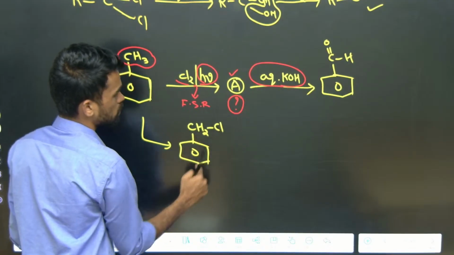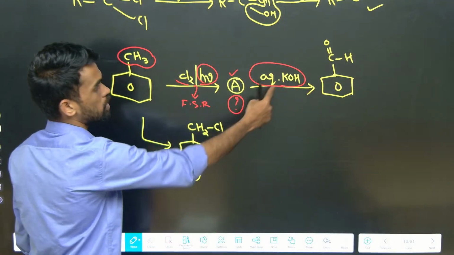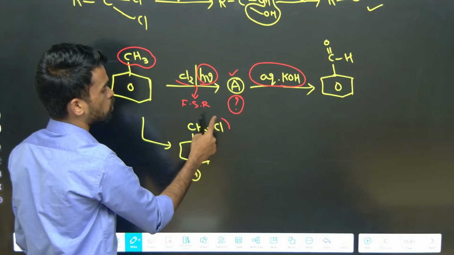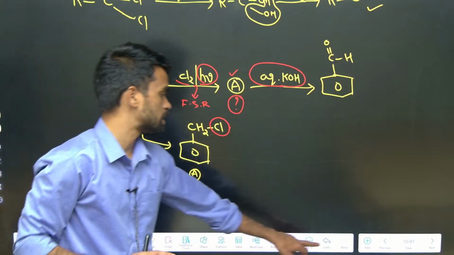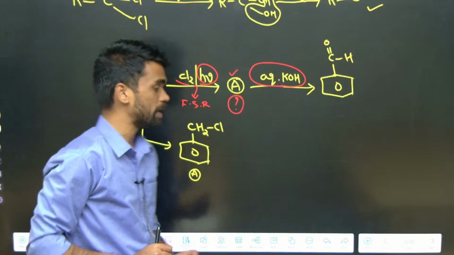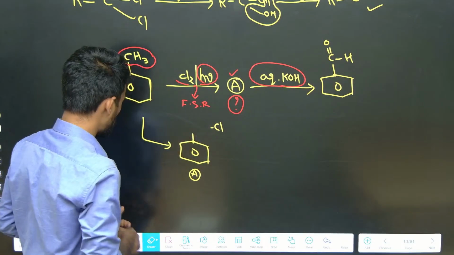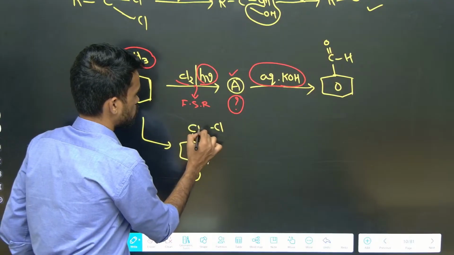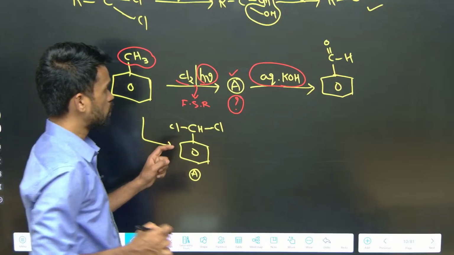But if I consider this as A, this is not our product, because with aqueous KOH only one chlorine is replaced by an OH group. Therefore, we will get benzyl alcohol, that is an alcohol, but I want an aldehyde now. For that purpose, what do I need to do? I need to remove two hydrogens like this. If I remove two hydrogens, now what happens?